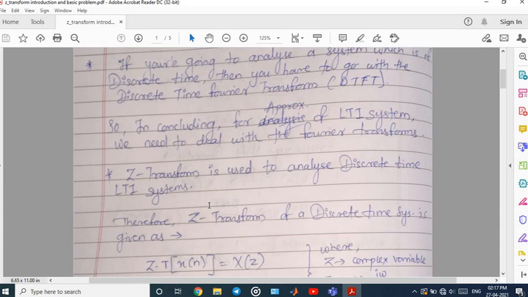We already know that Fourier analysis of continuous time signals plays a major role in frequency domain analysis and design of continuous time signals and systems. So another powerful tool for analysis and design of continuous time signals and systems is the Laplace transform. Okay, so Laplace transform covers a broader class of continuous time signals. So now our interest lies in frequency domain analysis and design of discrete time signals and systems.